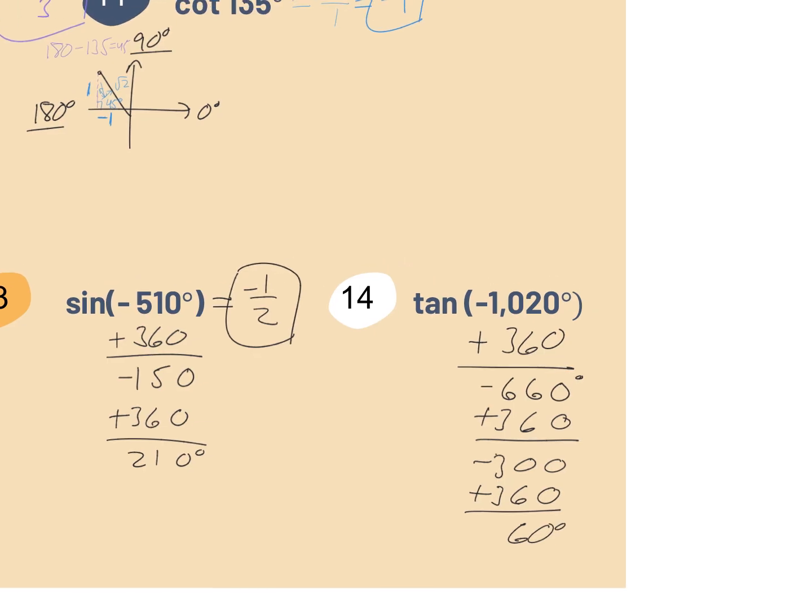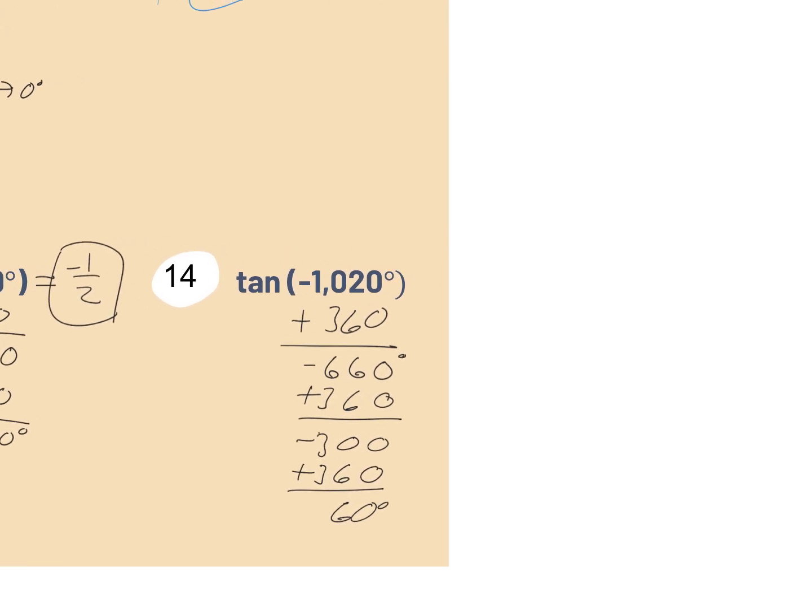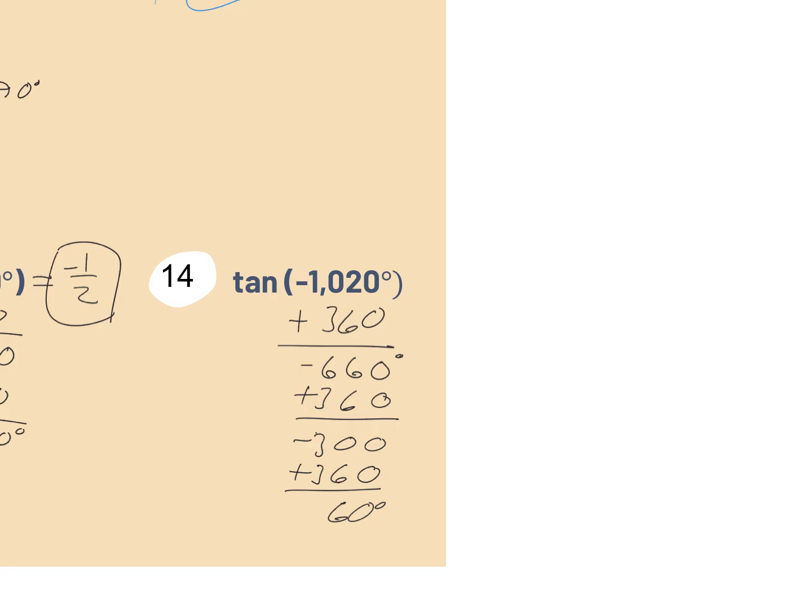This is a normal angle. We haven't seen one of those in a little bit. So I'm going to go ahead and draw this on the coordinate plane. 60 degrees is going to be right here in the first quadrant. There's nothing really that you have to do here other than label this diagram appropriately.